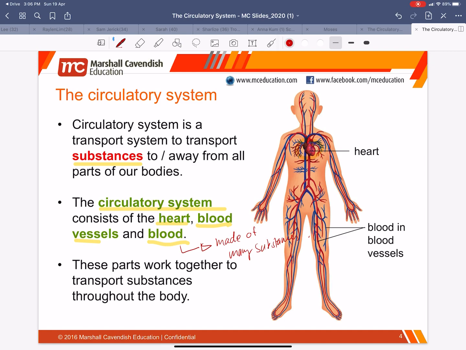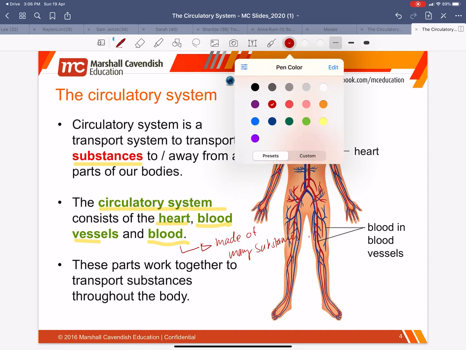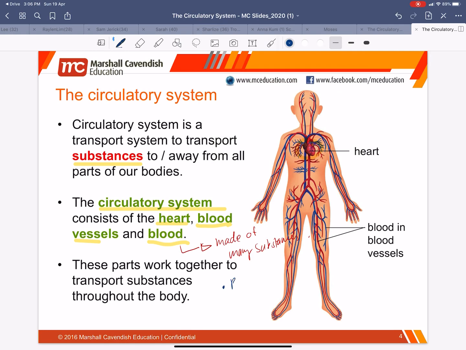Just to name a few, if you're interested, you've got your red blood cells, you have your platelets, which help to clot your blood, you've got your plasma, which is the liquid component of your blood, and you've got so many other things, white blood cells. Okay, so it's really a whole mixture of many different things coming together.